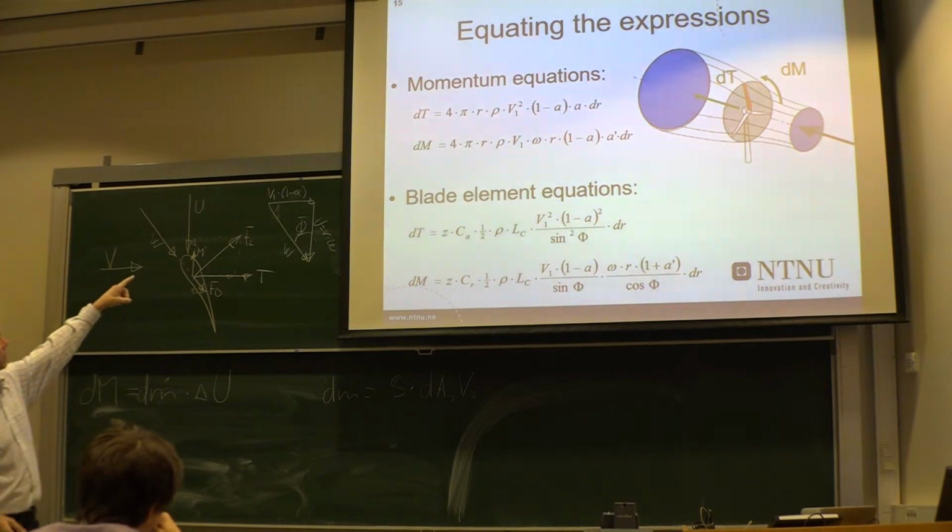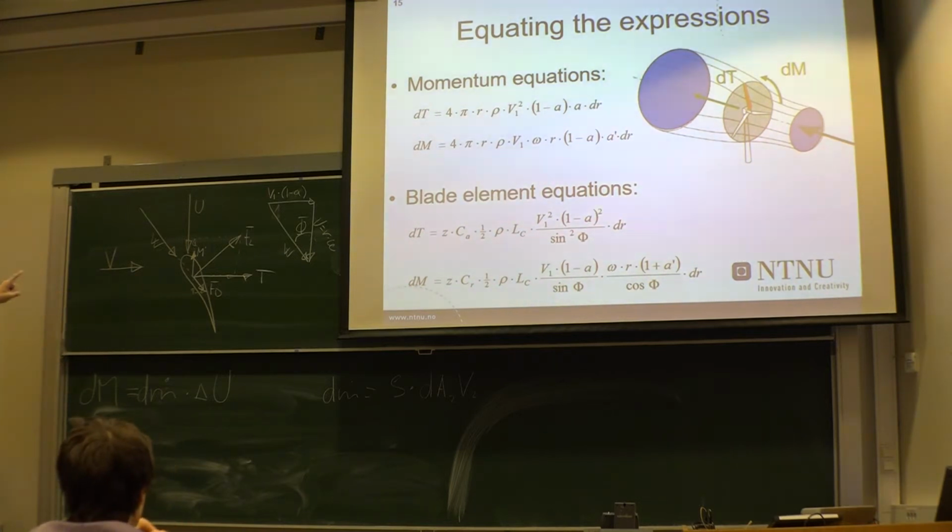So now we can say, okay, the dt from the momentum equation should be the same as the dt from the blade element equation. And the same with the dm. And now we have equations we can play with. These are the equations we're going to use from now on. And yes, they seem complicated, but still they come from relatively simple physics.